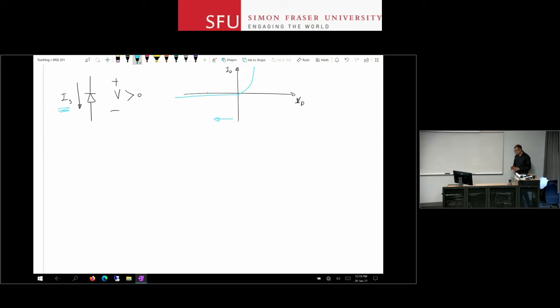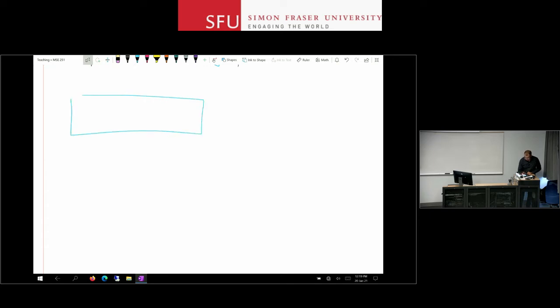Now, what the engineers or scientists did is that they said, okay, let's play a trick here. We designed a diode that has a really large reverse current through it. In order to do that, they came up with this structure.